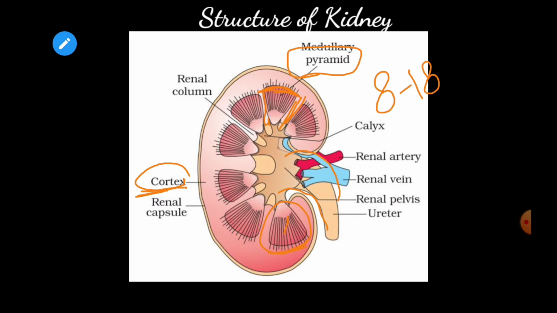Renal pelvis is the region through which the ureter joins, ये वो यूरेटर जहाँ से जॉइन हो रहा है. So this is the renal pelvis. तो अगर हम मेडुलरी पिरामिड्स की बात करें, मेडुलरी पिरामिड का जो ब्रॉड पार्ट है जो कि होता है कॉर्टेक्स की साइड, that is the broad part of the medullary pyramids, whereas the narrower part which is present toward the renal pelvis is known as renal papilla.